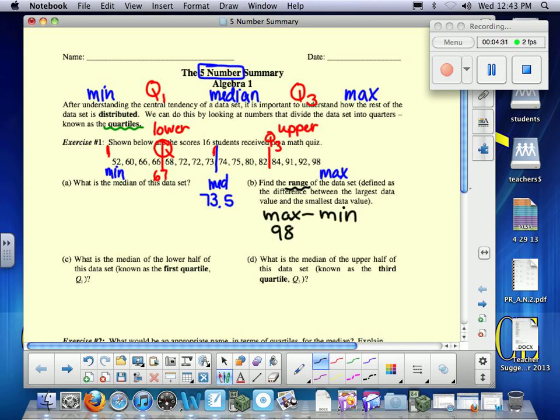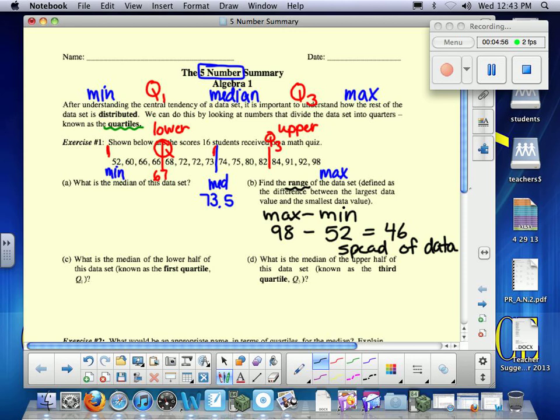So our 98 minus our 52. And that tells us how spread out the data is. If that's a small number, then our data is pretty close together. If it's a large number, then our data is pretty spread out.